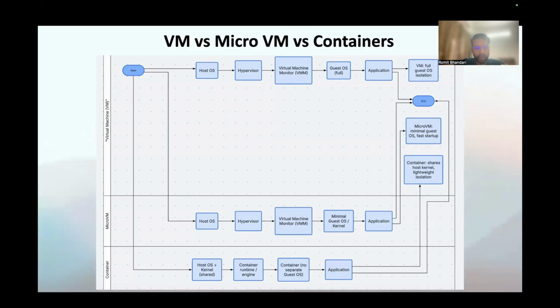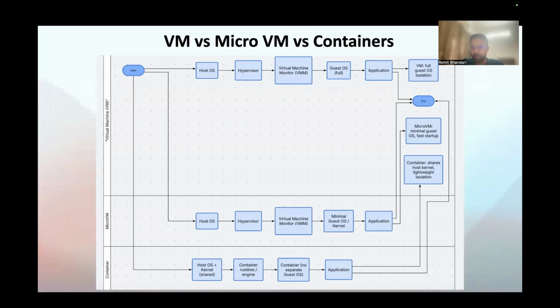Now moving to micro VM. Let's talk about containers first, then we'll come to micro VM. In a container, you have a host OS which is shared, and there is a container runtime engine. There is no separate guest OS concept, and then directly you have the application.